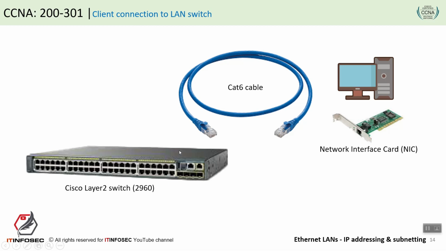For setting up the network, we need a layer 2 switch, for example, on each floor or in each building, based on how many ports we need. We need to connect computers to each of these ports.